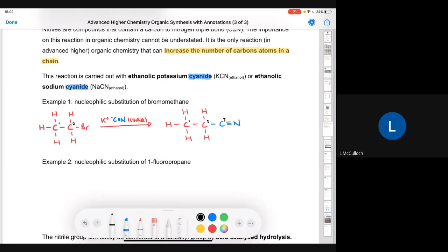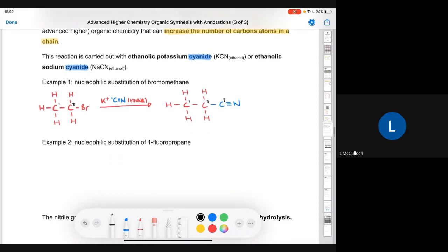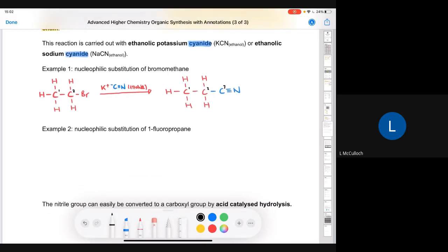All right, and then we'll look at another example, which is going to be our nucleophilic substitution of 1-fluoropropane. We'll take our 1-fluoropropane, like so. For this one, I'll use sodium cyanide in ethanol, just to be a little bit different. But again, you could use potassium cyanide in ethanol and it would work absolutely the same.